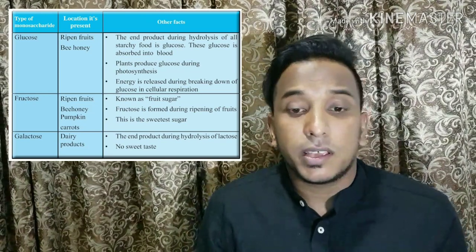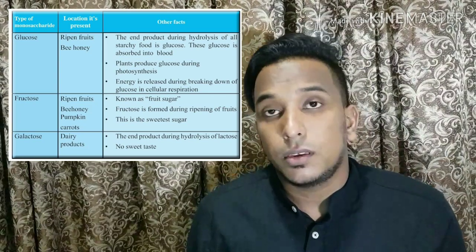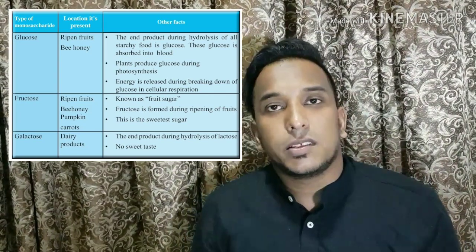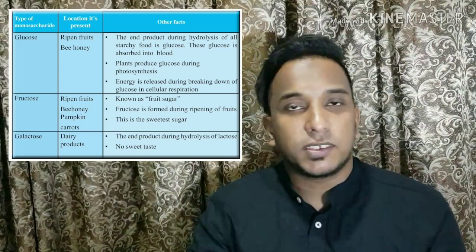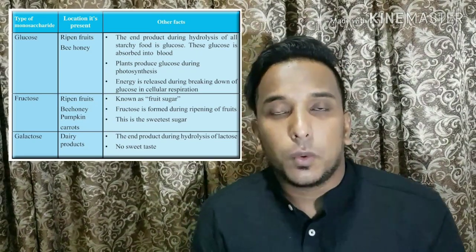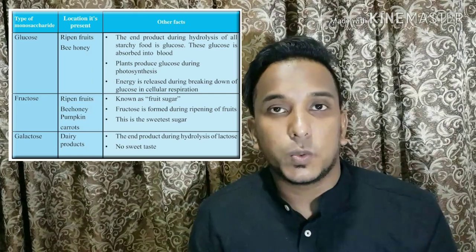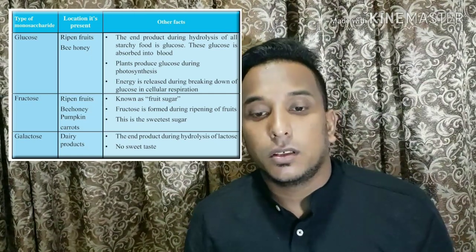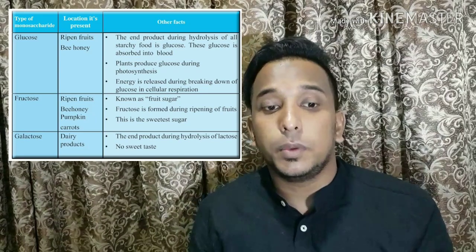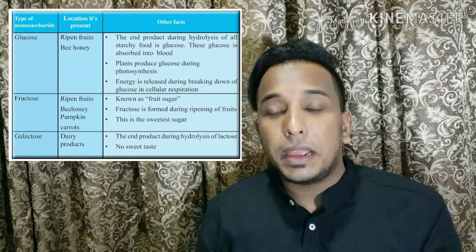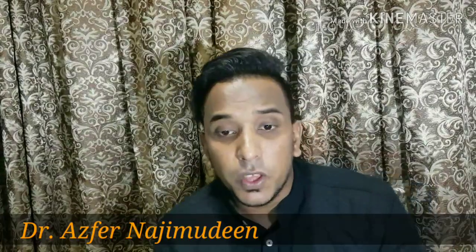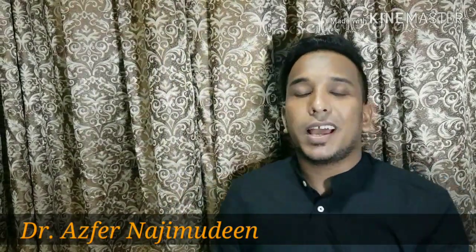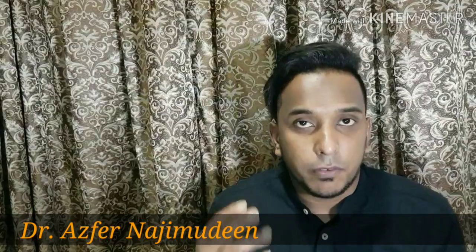And the main thing is galactose has no sweet taste. This also came as a past question. In a multiple choice question, among the given answers, which sugar is not sweet in taste? The answer will be galactose. So these are the main things that you have to consider while studying this particular chapter. We discussed monosaccharides, their examples, where they can be found, and some other features.